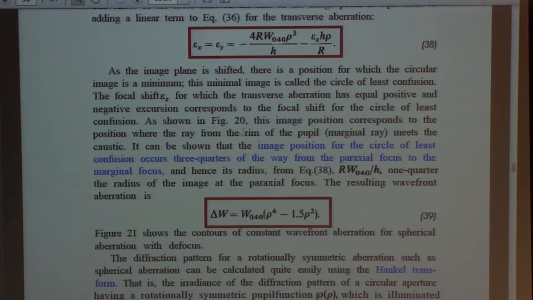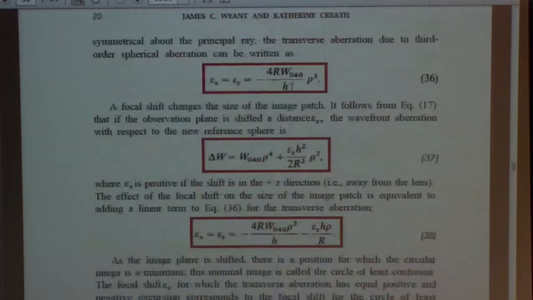That this image position corresponds to the position where the ray from the rim, the marginal ray, meets the caustic. And it can be shown, this is the homework problem, that this image position for the circle of least confusion occurs 3/4 of the way from the paraxial to the marginal focus.